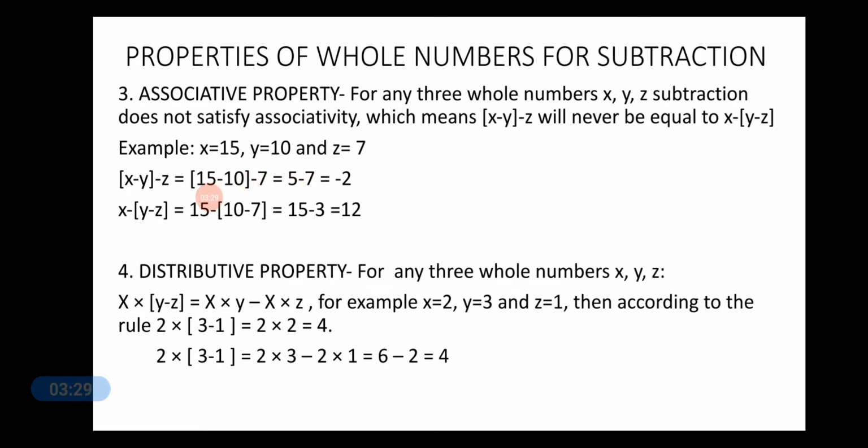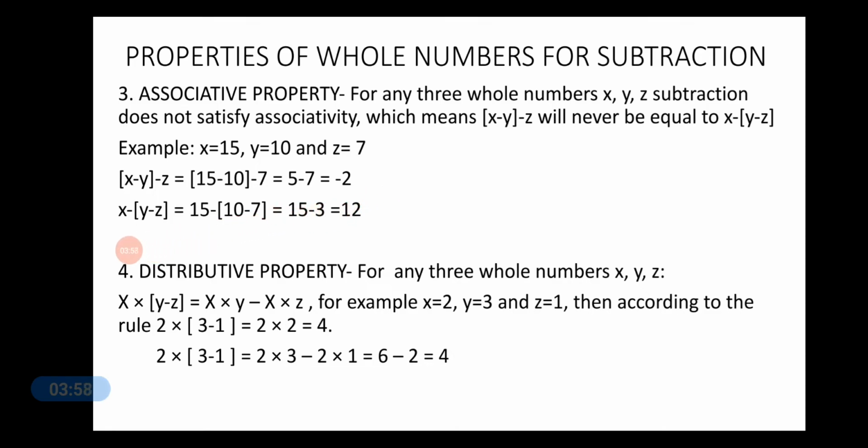See this example. Let the value of x be 15, y 10 and z 7. For the first case, within the bracket x minus y, that is 15 minus 10, and outside you have minus 7. So 15 minus 10 will give you 5, minus 7, the answer is minus 2.